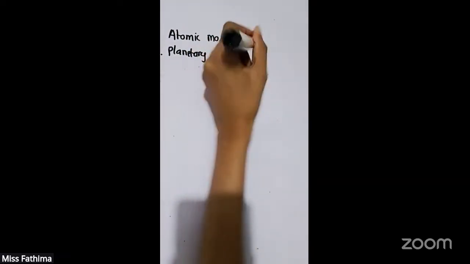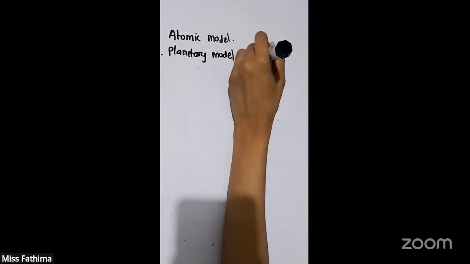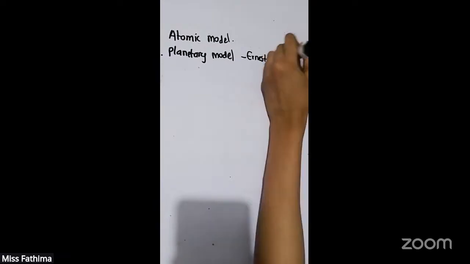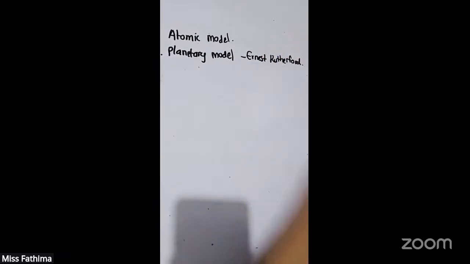Right. Now, this planetary model was introduced by Ernest Rutherford, the person who discovered the proton. What did he do? He introduced an atomic model called the planetary model.